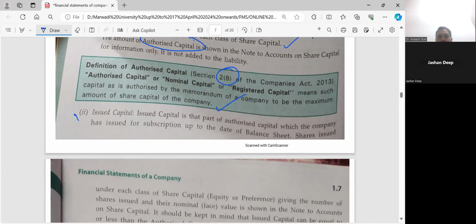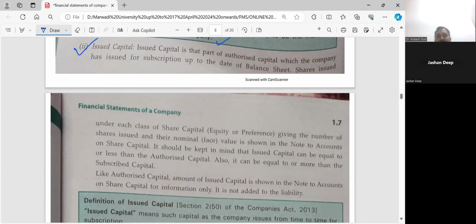Now issued share capital. Issued share capital is the part of authorized capital which the company has issued for subscription up to the date of the balance sheet. Shares issued under each class, giving the number of shares issued and their nominal value, are shown in the notes to accounts on share capital.